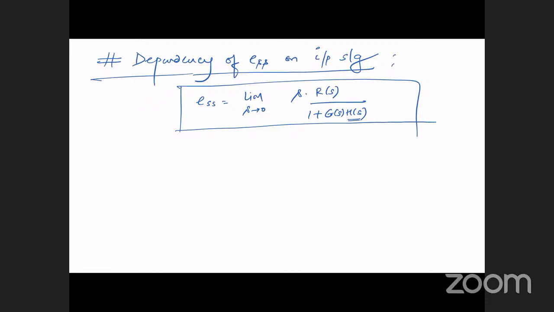Some formulas are applicable only for unity feedback systems. Some formulas are applicable for unity feedback systems as well as non-unity feedback systems. So this is the first formula. Make a note. Let's create a suspense. From your existing knowledge, can you tell me whether this formula is applicable only for unity feedback systems or both?